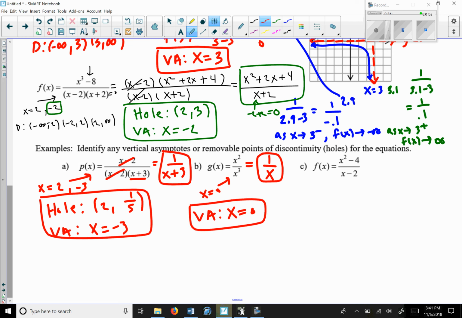And looking at this last one, I need to factor my numerator, which is the difference of two squares, so x plus 2 times x minus 2 all over x minus 2. You notice you have a common factor between your numerator and denominator, that x minus 2, so those cancel out, and it simplifies into x plus 2.